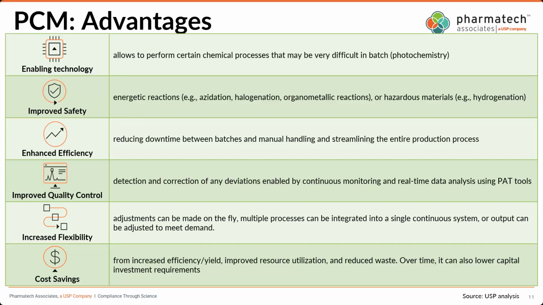Another advantage of continuous manufacturing is that it's very flexible. For example, some of the generic companies would always have different products and different demands based on what drugs they are making and what's the demand in the market. So continuous manufacturing has the flexibility to make changes on the fly, and you can easily scale up or scale down your processes based on the demand for that one particular drug.